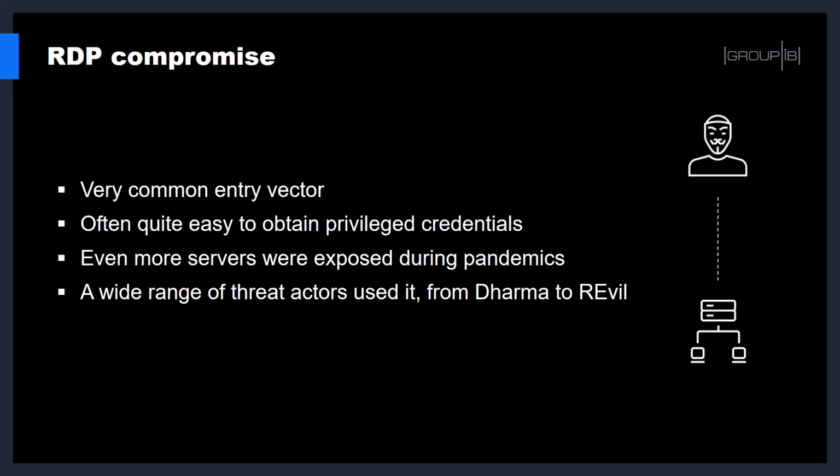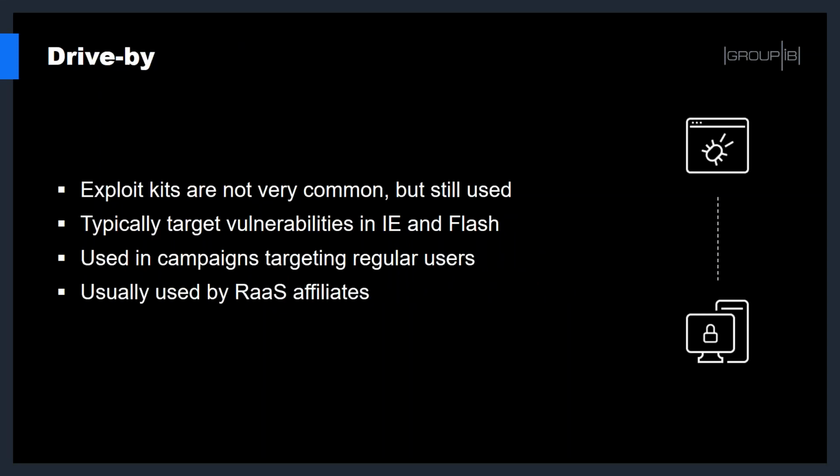Okay, let's go further. So drive-by. Again, as many ransomware operators are partners of so-called ransomware as a service programs, and as there are quite a few ransomware as a service programs, we can see very different initial access vectors, including exploit kits.